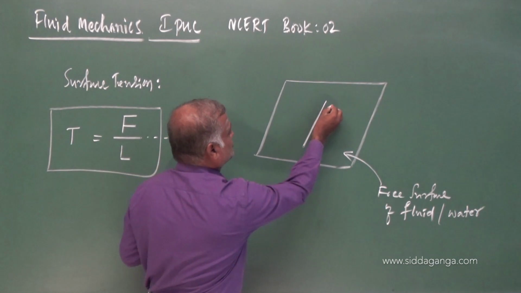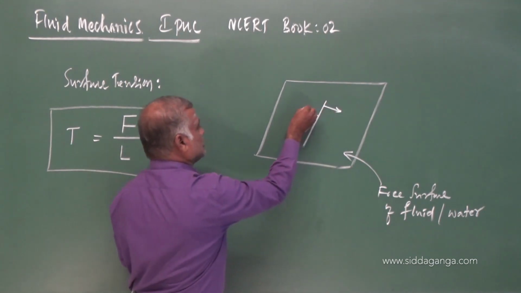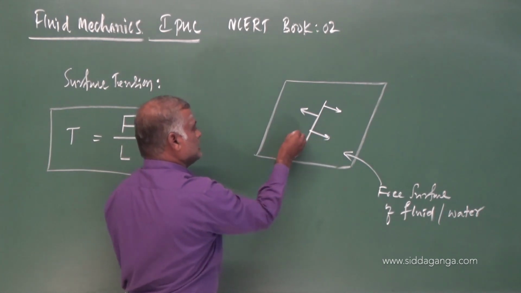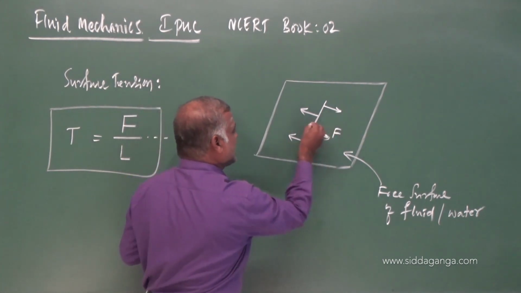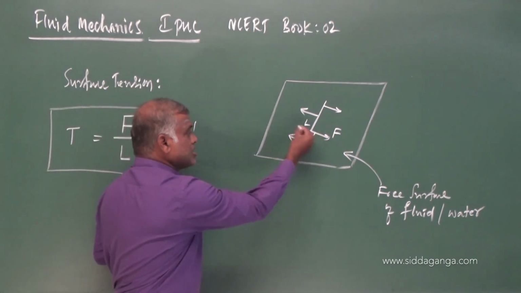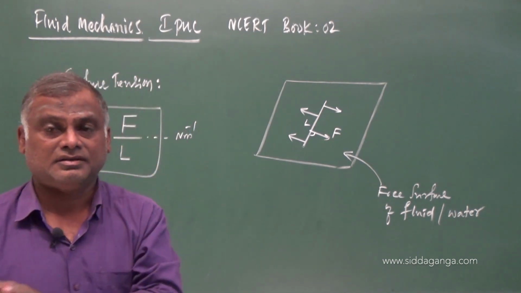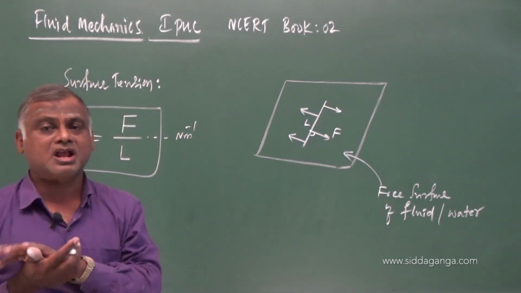And we have drawn some molecular forces here. One molecule will attract here, such that the force acting on that imaginary line is always perpendicular. That is, perpendicular to the length, dear students, perpendicular to length.